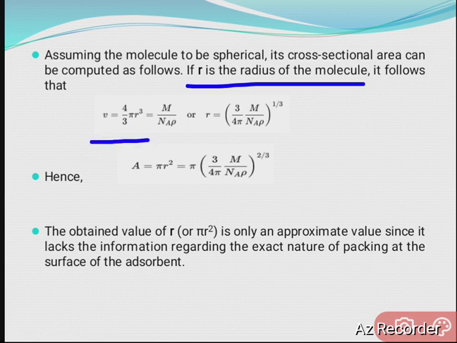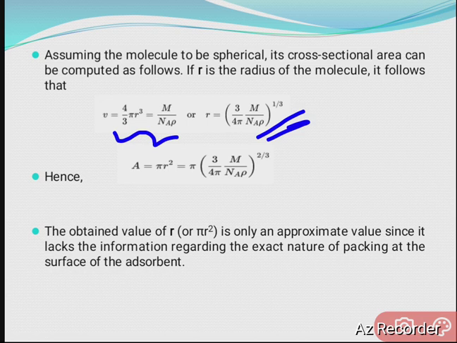From here, by substituting the V value from the previous equation, that is m divided by Na into rho, and equating these two equations, we have R equals (3 divided by 4 pi into m divided by Na rho) whole to the power of 1 by 3, since the cube moves to the other side. So this is the value of R.